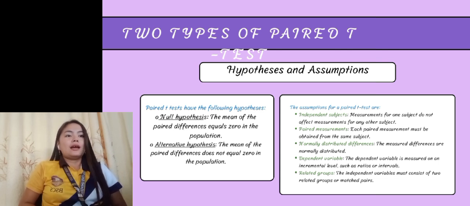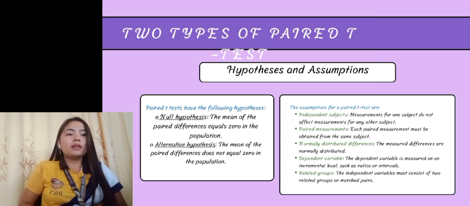are five. The first one is independent subjects, which means measurements for one subject do not affect measurements for any other subject. Second, paired measurements. Each pair of measurements must be obtained from the same subject.